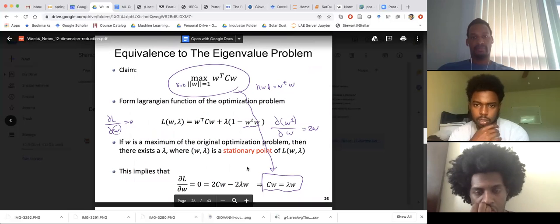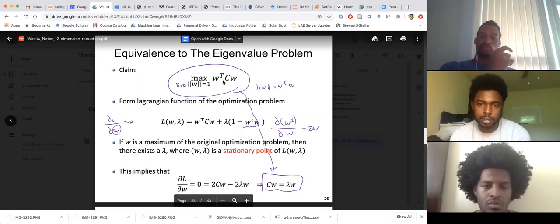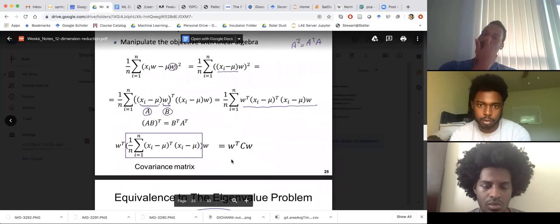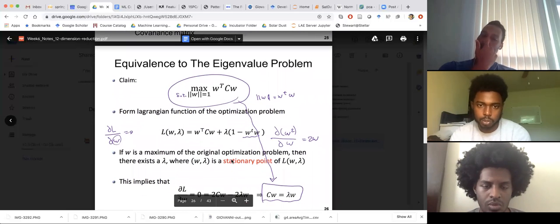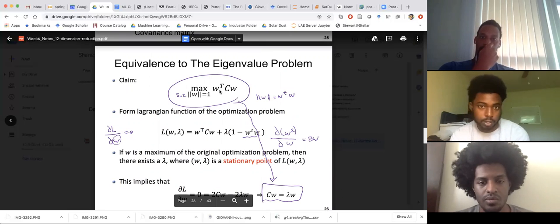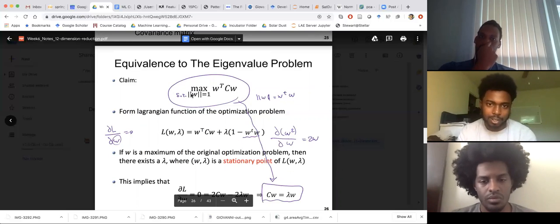Okay, so we're claiming that the way to maximize this, well, we're saying that basically we rewrote this problem, and now we're reframing it to say we want to maximize W such that the norm equals 1, or maximize this function W transpose times the covariance matrix times W, such that the norm of W equals 1.